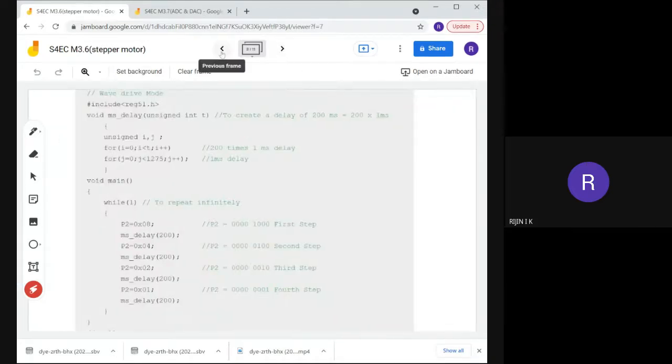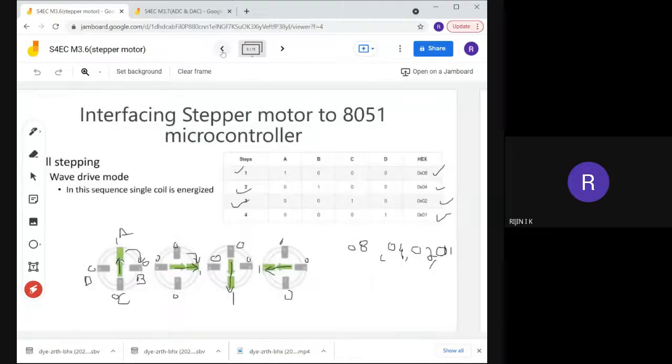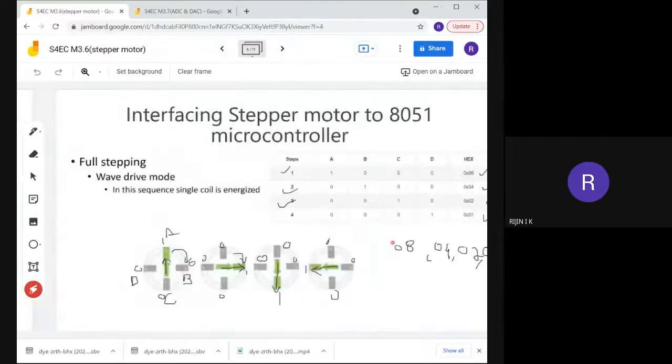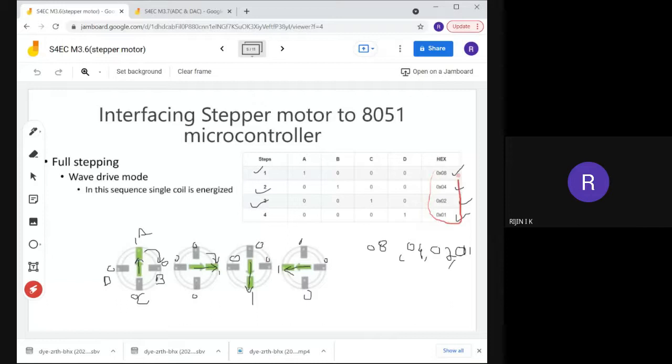Also, in wave drive mode we have seen this sequence: 08, 04, 02 and 01. This is the sequence that we have to give as input to perform the wave drive mode operation. Then only it will rotate.